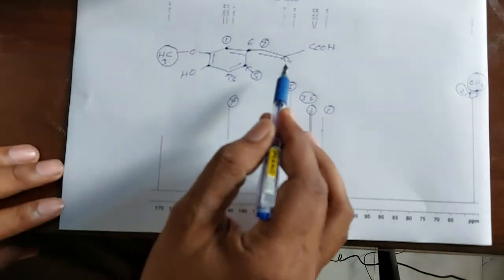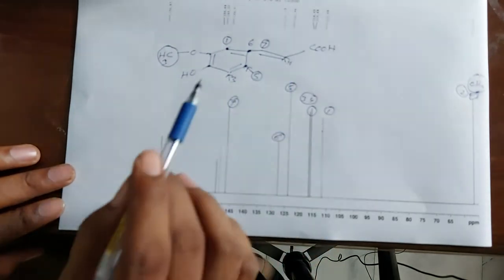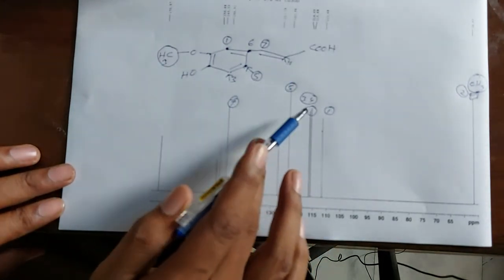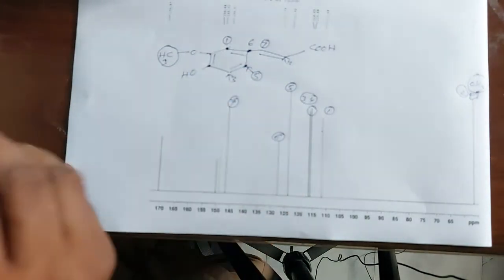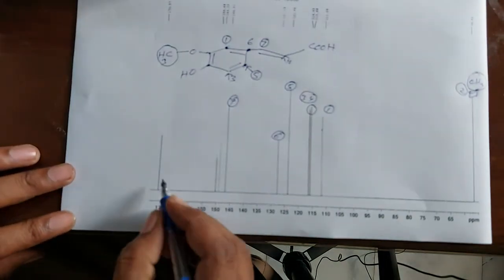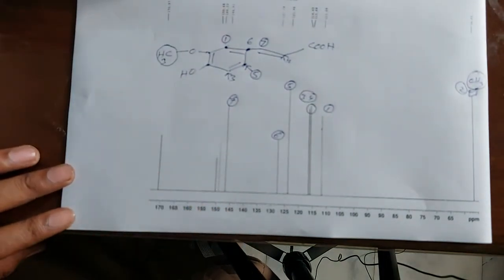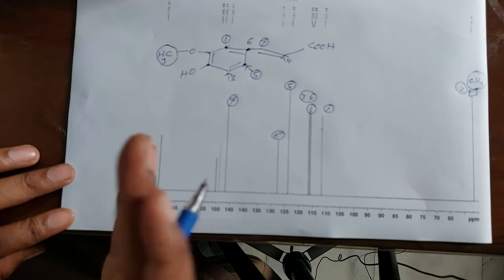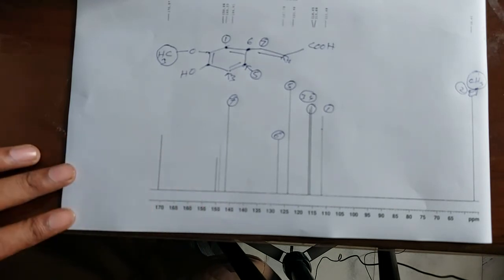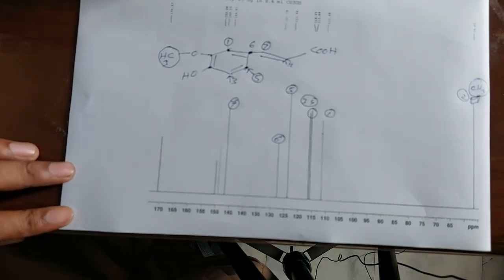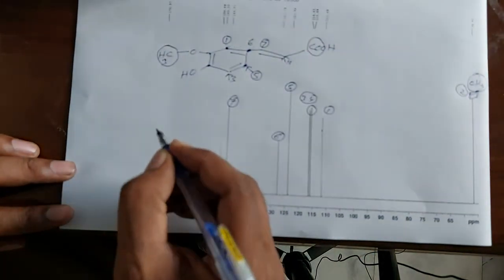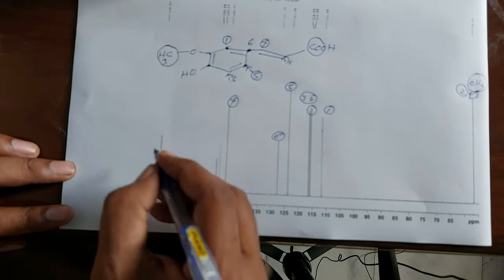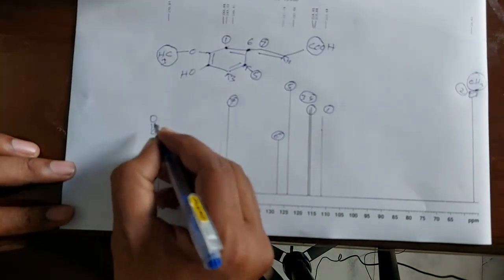So this carbon is also identified, which has already been nominated as 4, 5 and 6. All peaks are identified, and one is pending, at two positions. This last carbon, I already told you, between 200 to 220, the carbonyl peak will appear, and this is carbonyl, you can say this is the C double bond O peak.